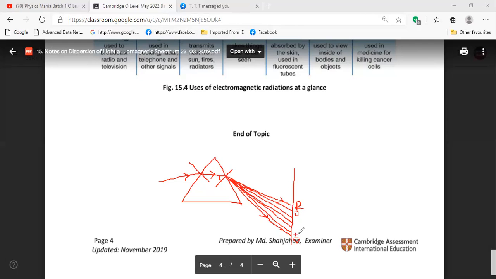VIBGYOR. Okay, and here you label. Red is the longest wavelength, bending least.